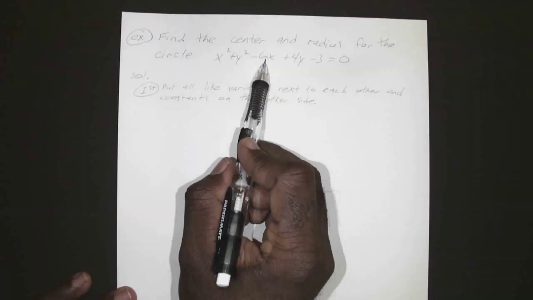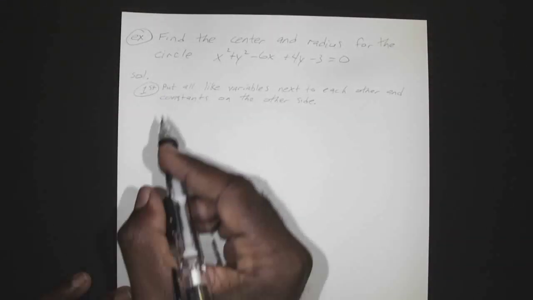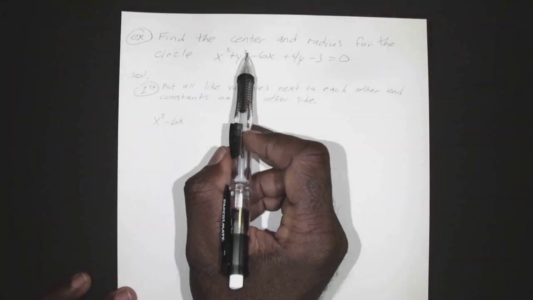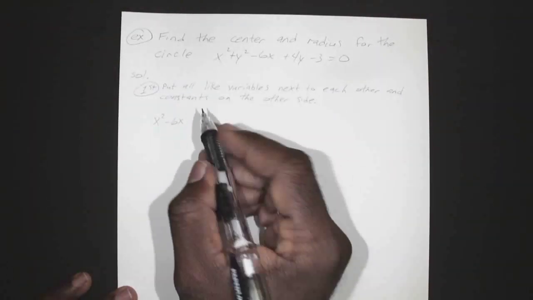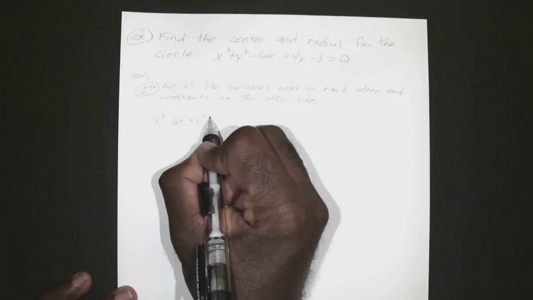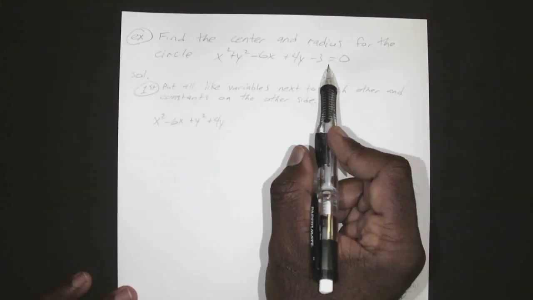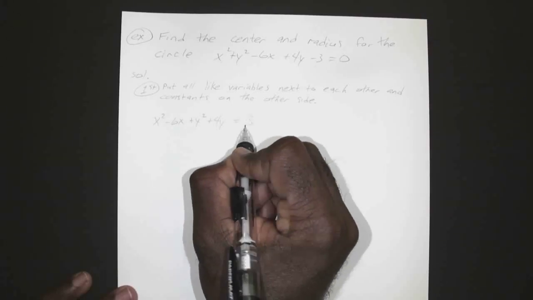That means x squared minus 6x go next to each other, y squared plus 4y go next to each other, and we add 3 to both sides and make that equal to 3.